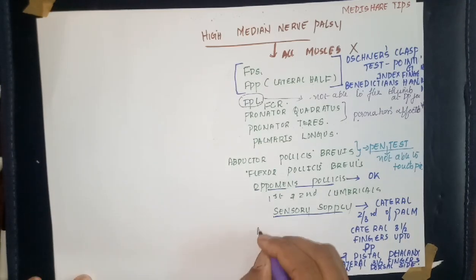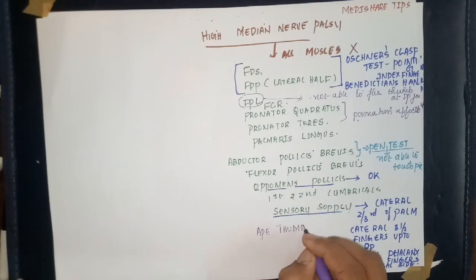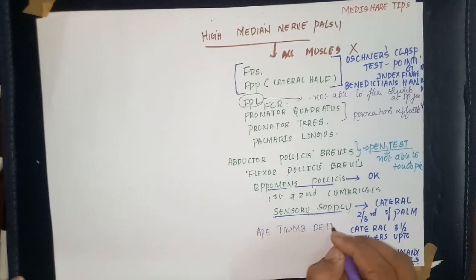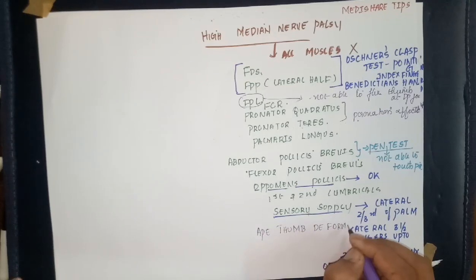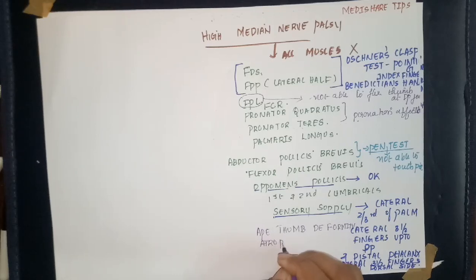And there will be an ape thumb deformity also and atrophy of thenar muscles.